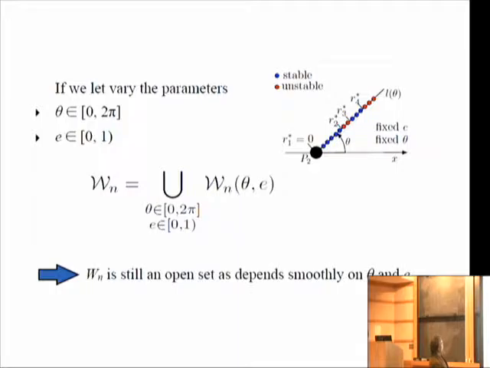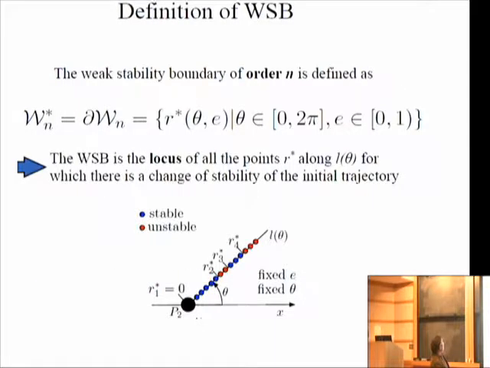This is the nth stable region, and you take the union over all theta and eccentricity in here for all of these, and it's still an open set. And the weak stability boundary of order n is then the boundary of that. So it's a locus of all points r star along the line for which there is a change of stability from the initial trajectory. And as I mentioned, you can write it as a countable set of points.